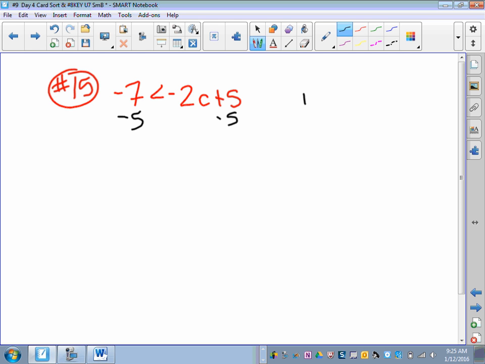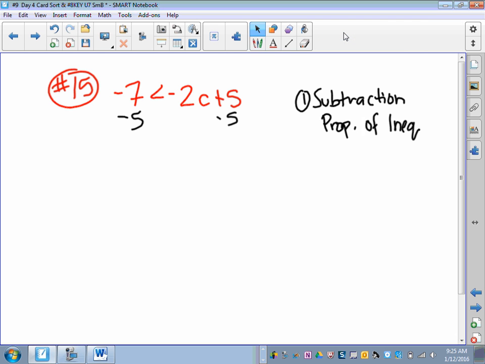So my first step is the subtraction property of inequalities. You can abbreviate that. So we got -12 less than -2c.